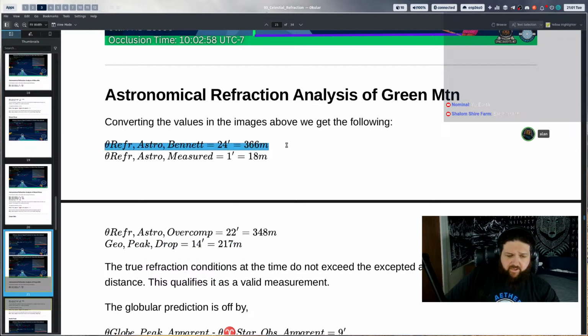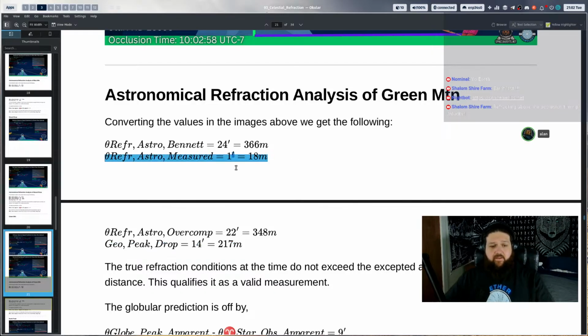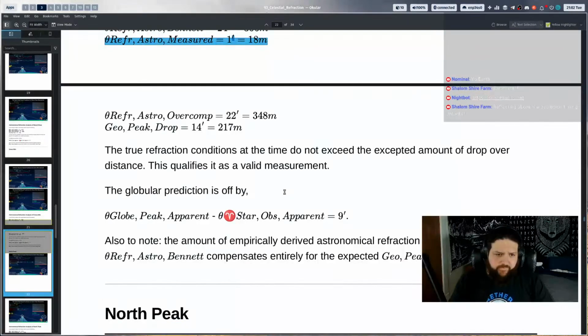The refraction correction gives them 366 meters in lift. The actual separation at time of occlusion was 18 meters. The overcompensation factor by their 22-minute refraction difference is 348 meters. But again, the drop over distance did not exceed the measured amount, so we're good. Still valid. And here they're off by 9 arc minutes.